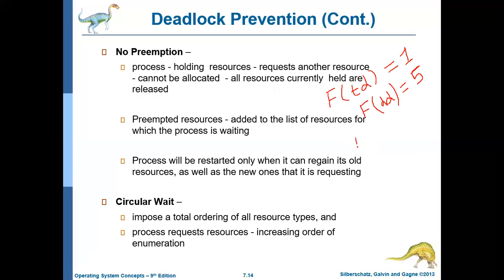And f of p, which means printer, is 12, meaning my system has 12 printers. So the system I am using has tape drives 1, disk drives 5, and printers 12. Now, how to avoid circular wait? The process should request resources in increasing order of enumeration.